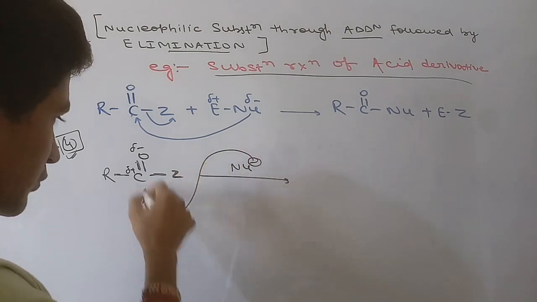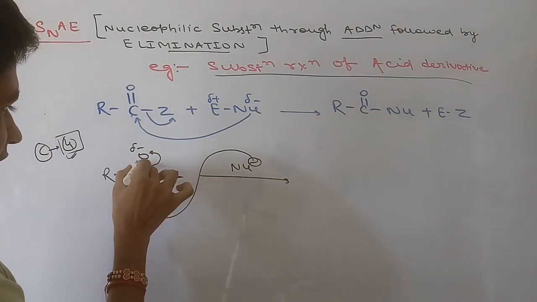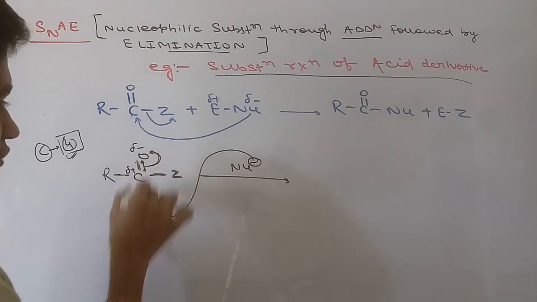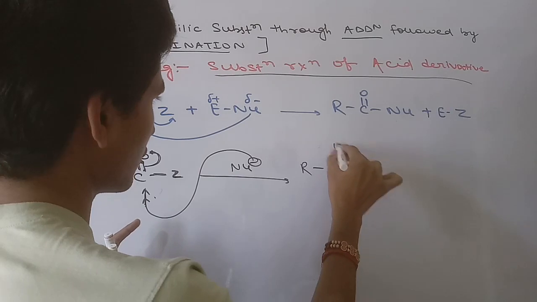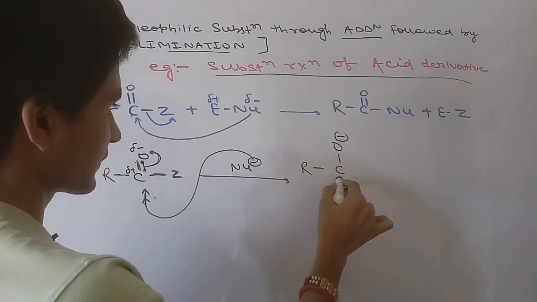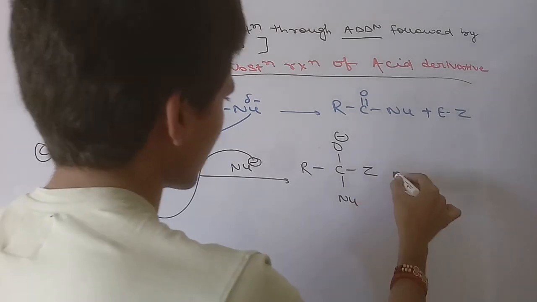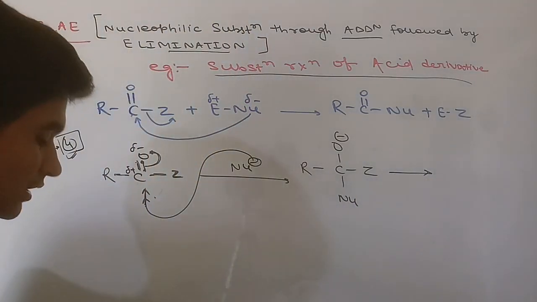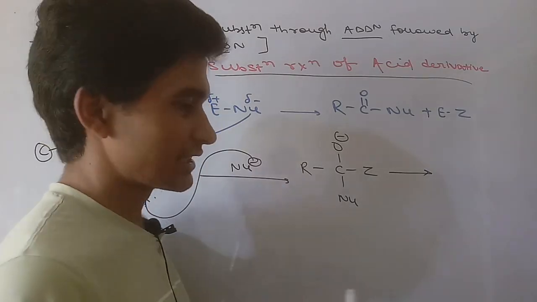So once the nucleophile attacks here, this 1 bond is opened up and its 2 electrons go on the oxygen. So this will be the structure, RCO negative because of the electrons, and here the nucleophile bond is created and here Z. Clear? Now this oxygen has a negative charge, and we know charges always create instability.